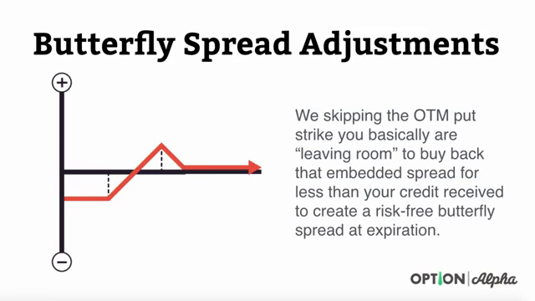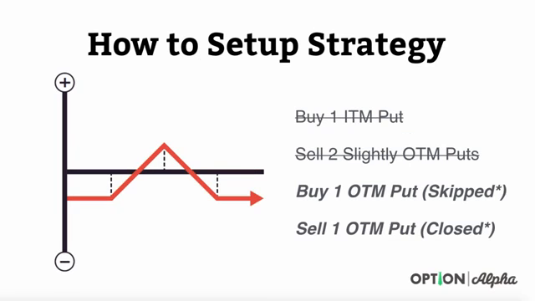I'll say it again: you are leaving room to buy back that embedded spread for less than your overall credit received to create a risk-free butterfly at expiration.